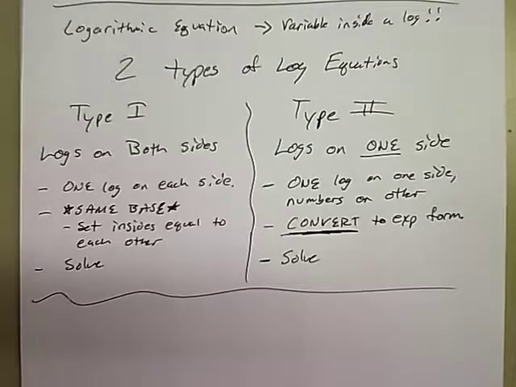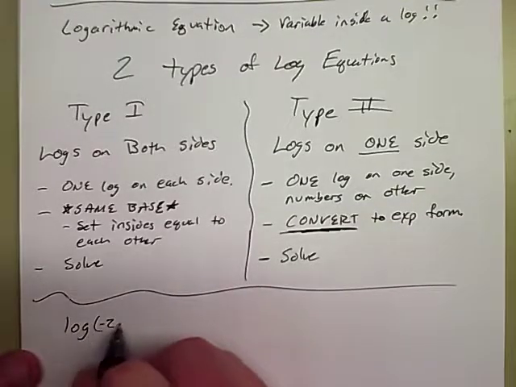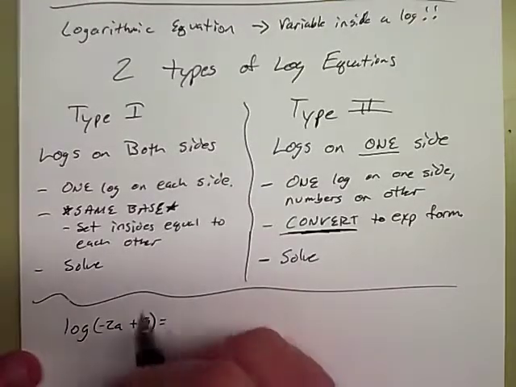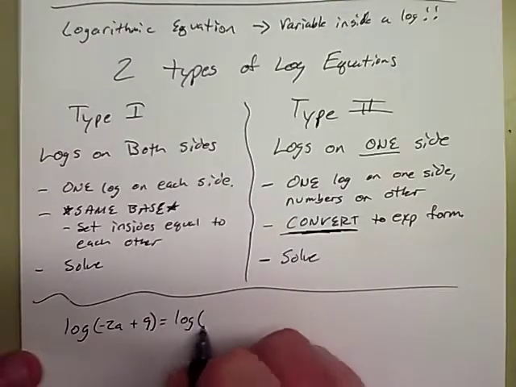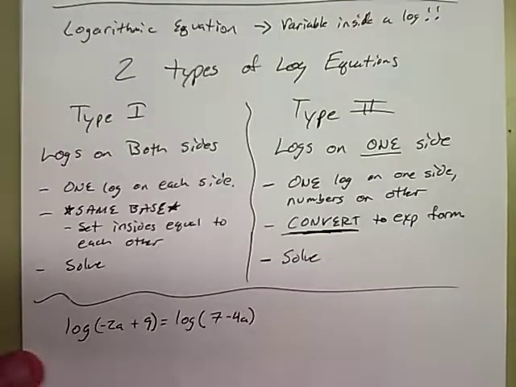So let's take a look at a few examples. All right, so the first example we're going to take a look at is log of negative 2a plus 9 equals log of 7 minus 4a.